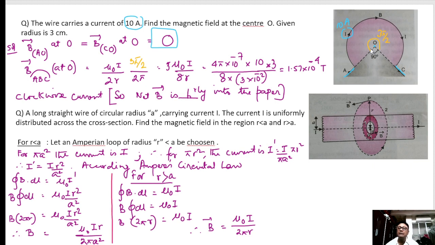If this is 90, then this will be 270, which is 3 pi by 2. Already I told you the magnetic field due to the circular segment is mu 0 I by 2 r into the angle subtended by 2 pi. Calculating this, we get this, and because it is clockwise, the magnetic field will be perpendicularly into the paper.